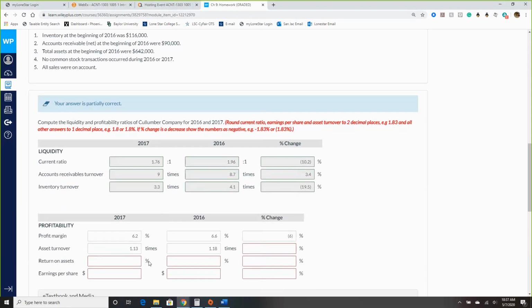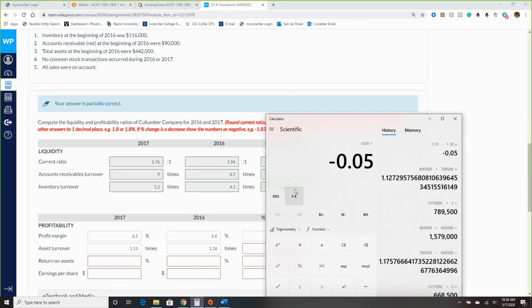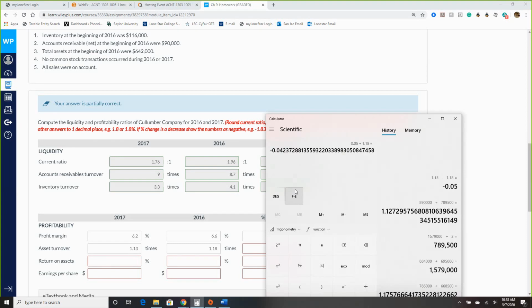Okay, again, we see it went down in asset turnover. So 1.13 minus 1.18 and divide by our base, which was 2016. So our net change is a negative 4.2%.